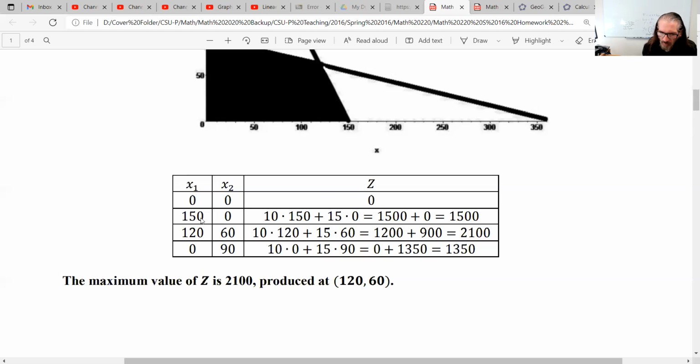Plugging in these values for x sub 1 and x sub 2. The largest we ever get after doing that arithmetic is the 2100 at the point 120, 60. So that is what's producing our maximum, 120, 60, with a maximum value for Z of 2100.